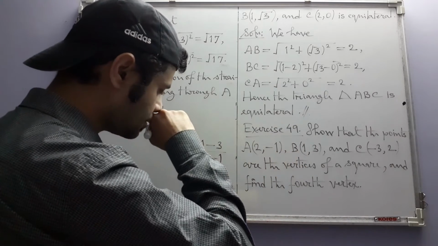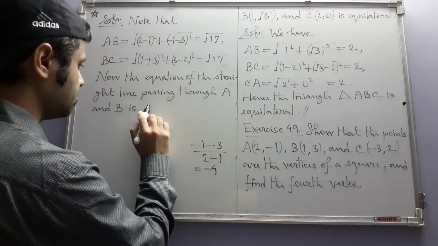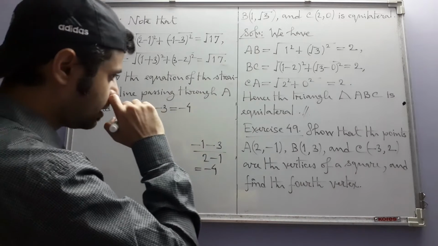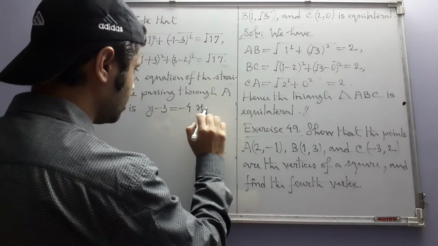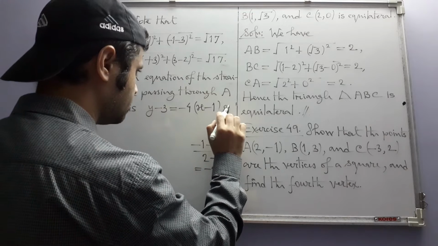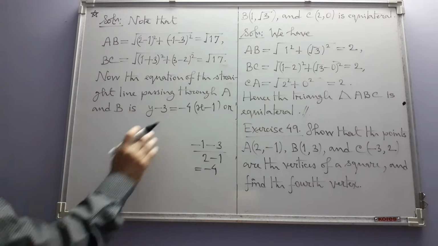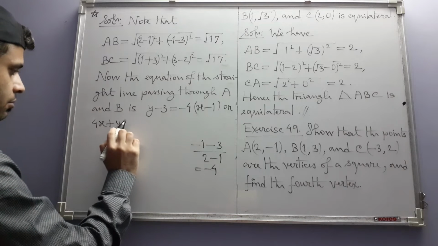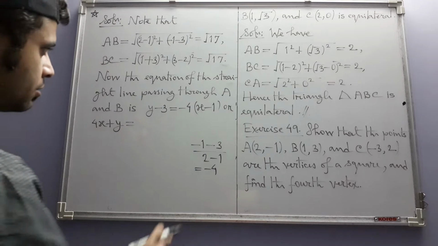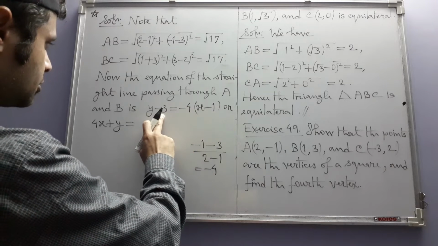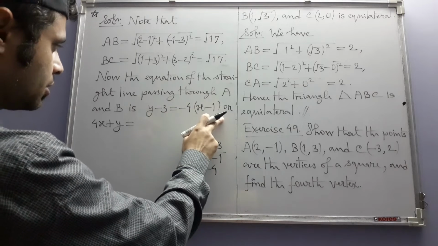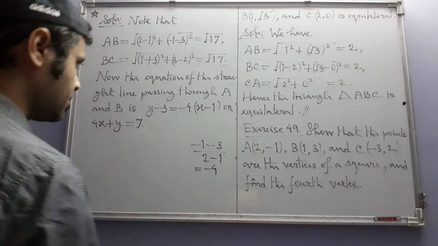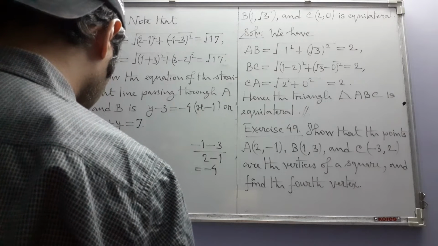We have already seen these things before, so let us use this one. y minus 3 is equal to minus 4 times (x minus 1), or 4x plus y is equal to, so this is minus 3, so it will become plus 3 plus 4. 4x plus y is equal to 7.